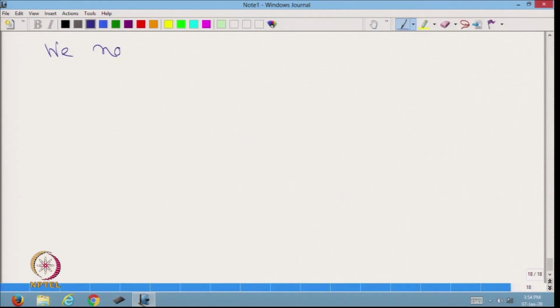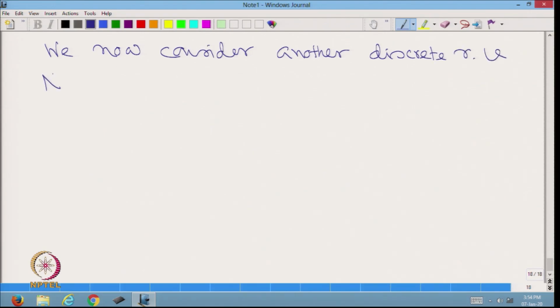We now consider another discrete random variable, namely negative binomial.